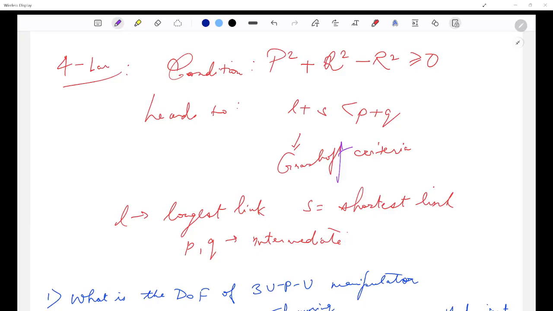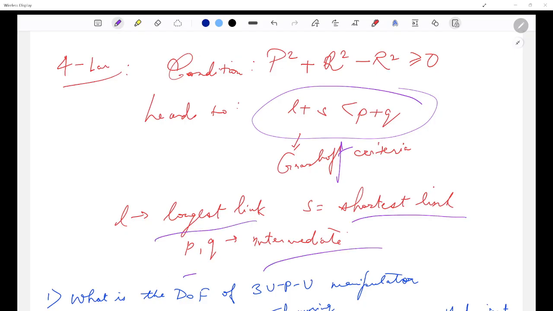What is your question? I'm not getting your question. So this is the Grashof criterion, right? L plus S is less than P plus Q, where L is the longest link, S is the shortest link, and P and Q are the intermediate ones. So what?